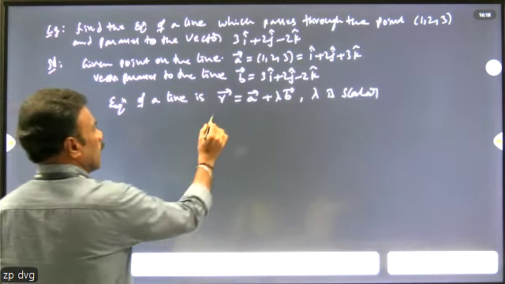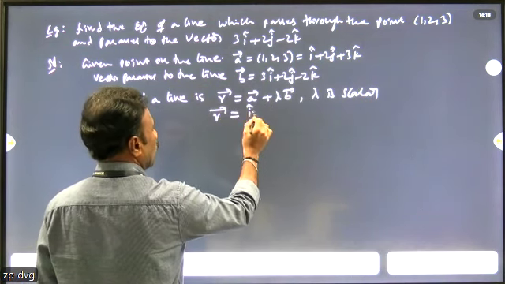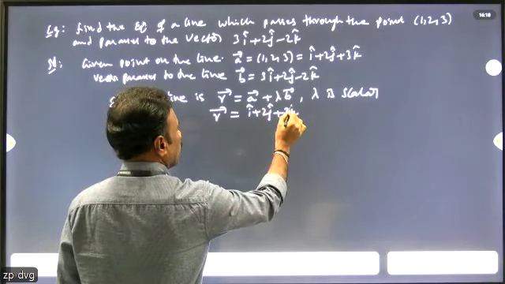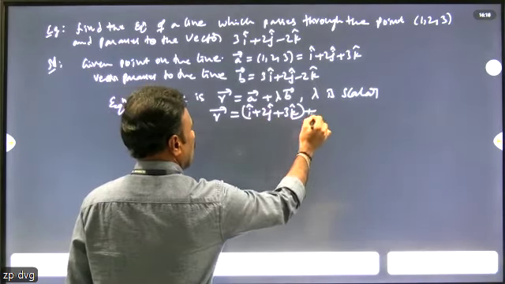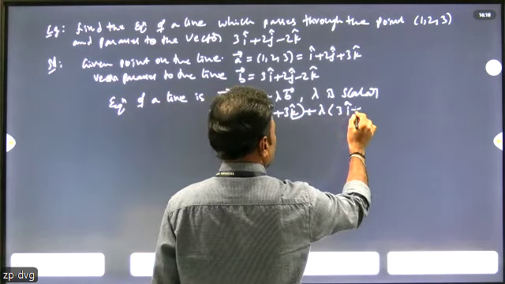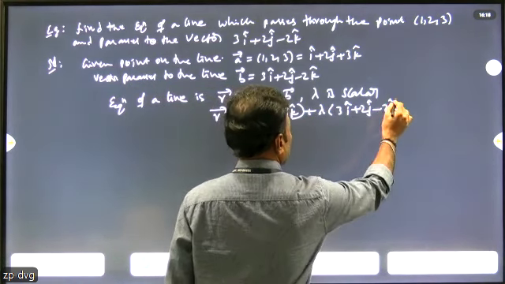So r bar is equal to i cap plus 2j cap plus 3k cap plus lambda into b bar, which is 3i cap plus 2j cap minus 2k cap.